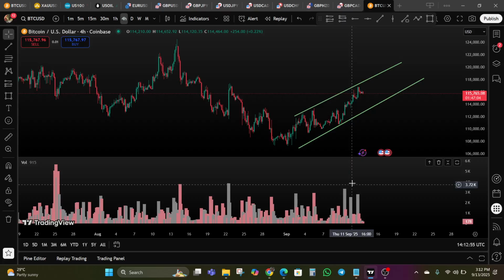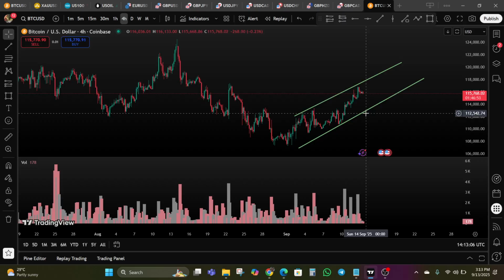On the other hand, if price is climbing but volume is falling, it could signal that the move is losing strength. So this makes volume analysis in trading a powerful way to validate what the charts are showing.